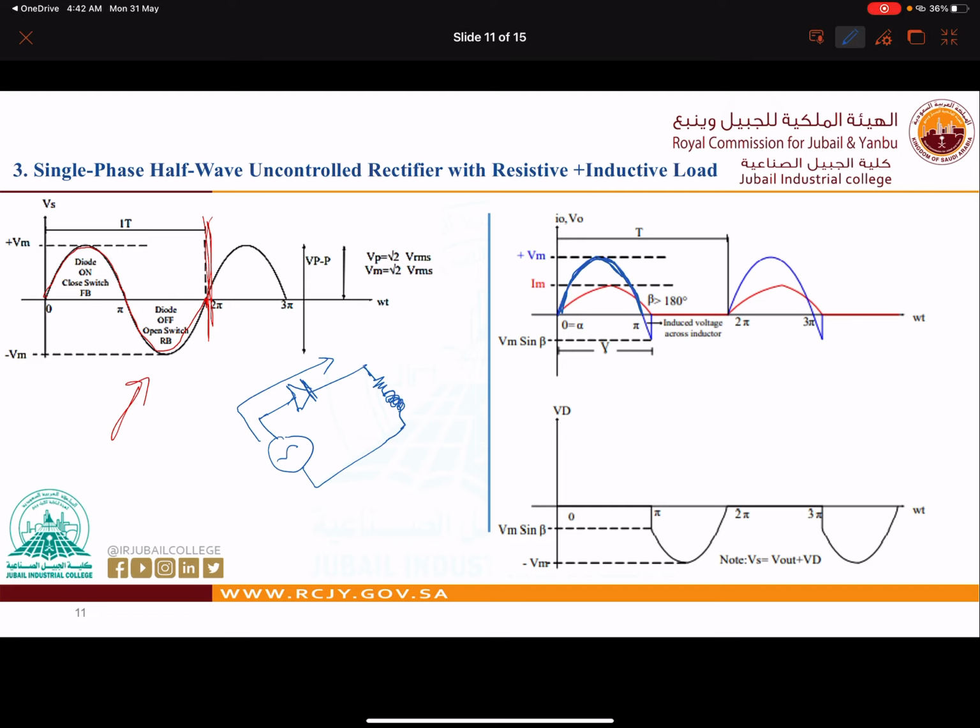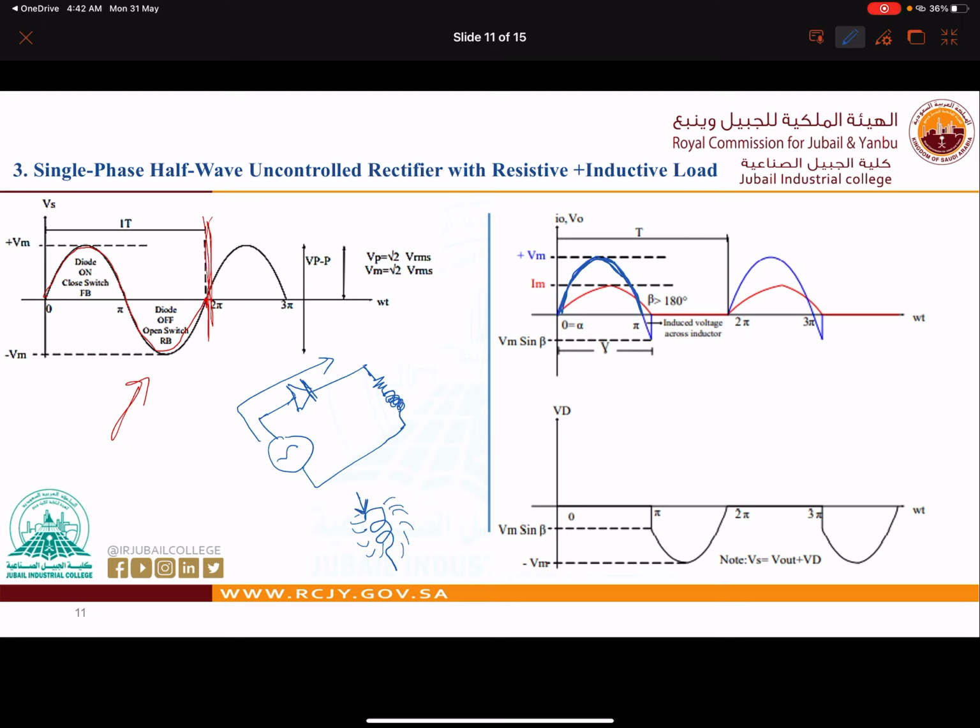Faraday says that if we have an inductive load, a coil, and a current is passing through this coil, this current is going to produce a magnetic field around the coil.